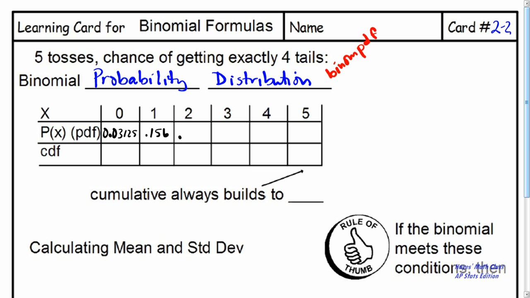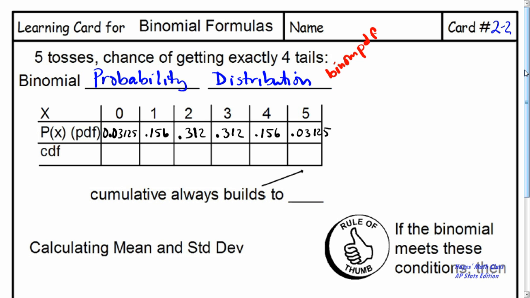The chances of getting 2 tails is about 31%, so 0.3125. Then 0.3125, and 0.156 back over here. If the probability of success and failure is the same, a 50-50 shot, you're going to see the symmetry going on. That's not always going to be the case, because if the probabilities are different, then it's going to shift.